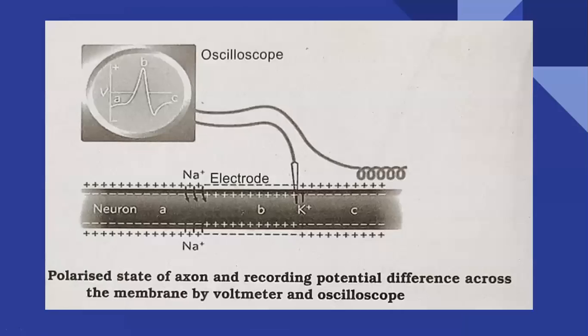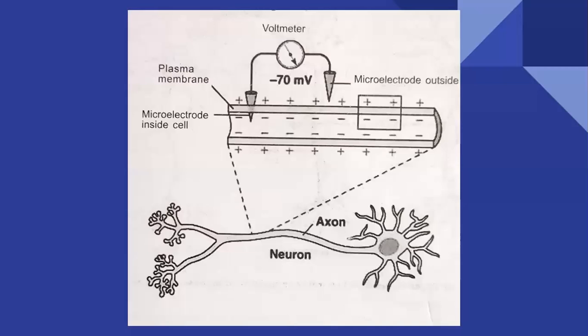To understand this, as I have already told, in this slide we are seeing a voltmeter. In the voltmeter, a needle will be there, and this needle shows the readings, for example, minus 100 to plus 50 millivolts. The voltmeter is nothing but a speedometer-like thing. A speedometer we can see in vehicles.